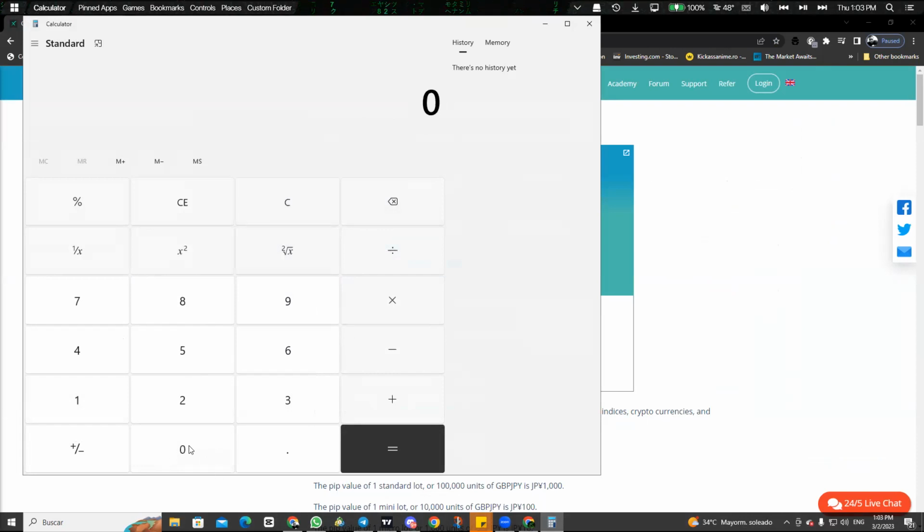No, it's not $1 per pip, because this one pip is 7 cents. So it's times 10, so 70 cents per pip, times 300. No, that's not 70 cents. Then it should be $7.